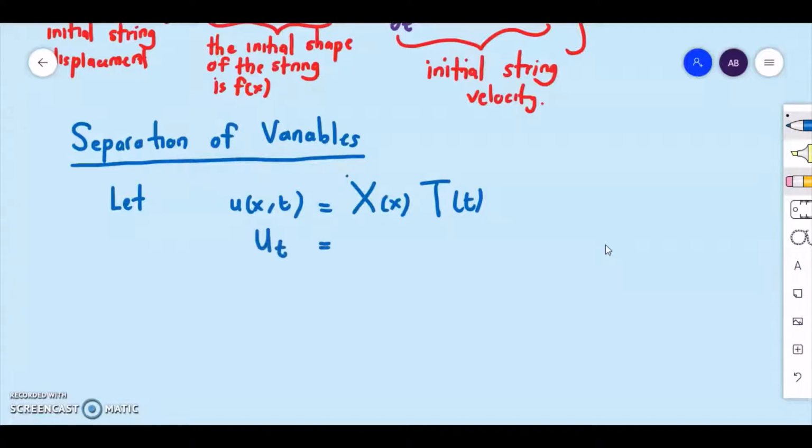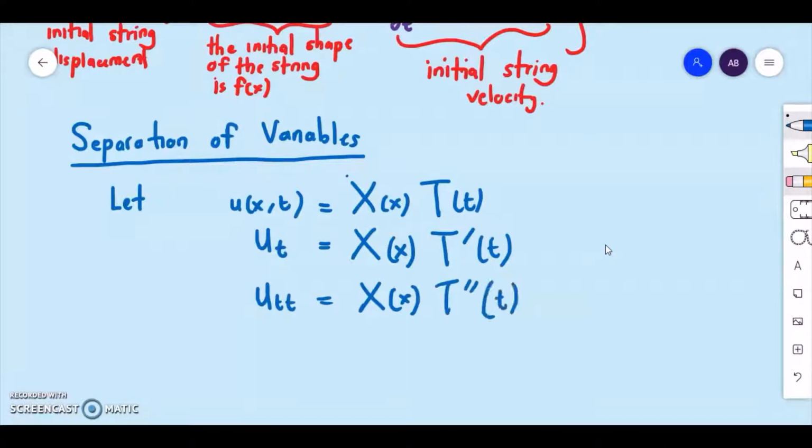Differentiating once for t, X remains as a constant, to become the derivative. Differentiating a second time gives me the second derivative in time.